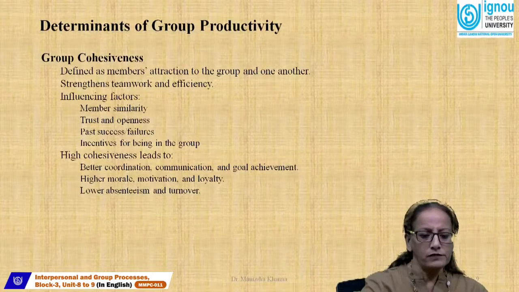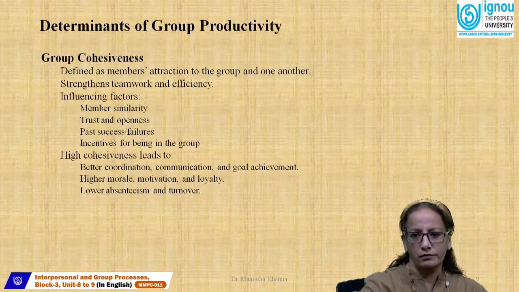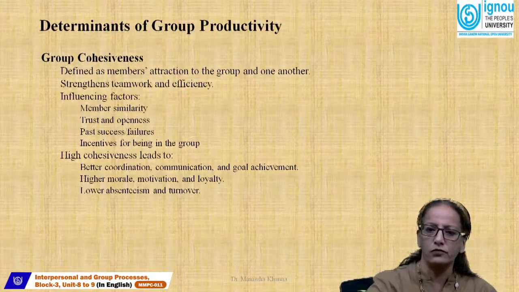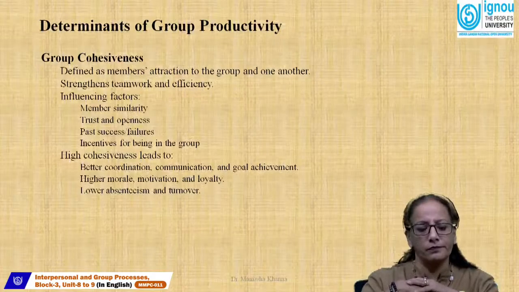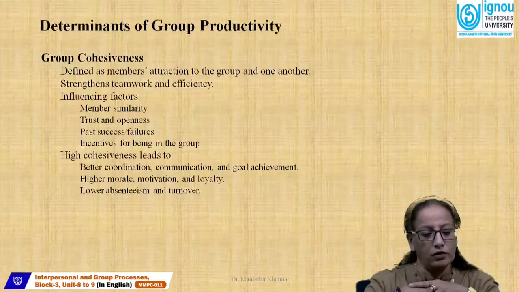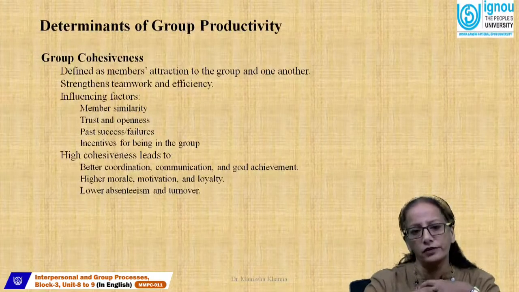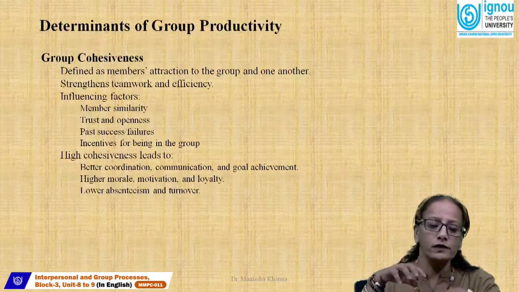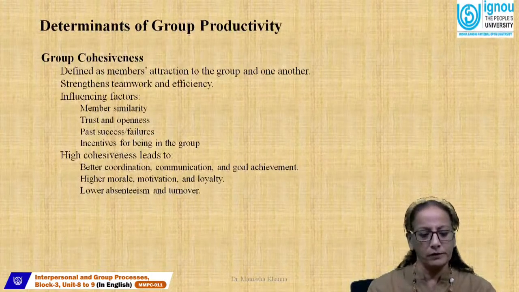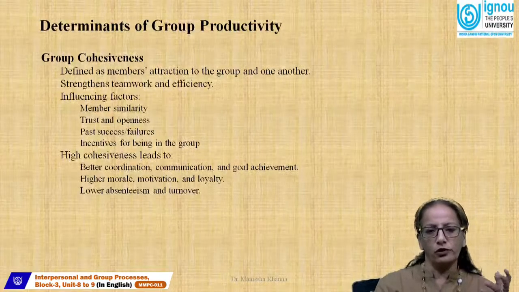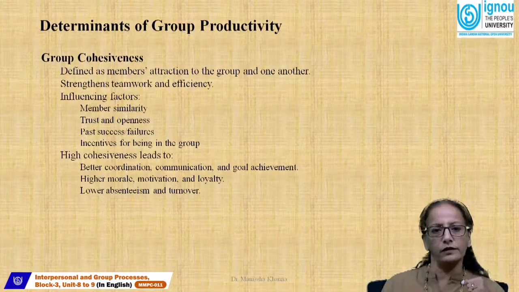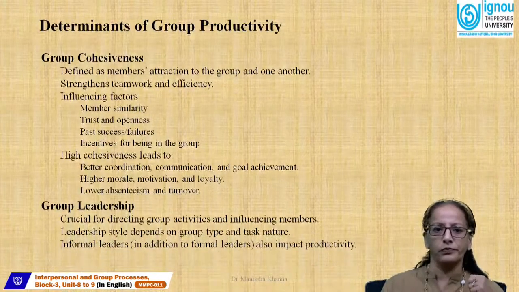The influencing factors are member similarity, trust and openness, incentives of being in the group, and the past successes and failures of the group. High cohesiveness leads to better coordination, communication, goal achievement, higher morale, motivation and loyalty towards the group members, and lower absenteeism and turnover.